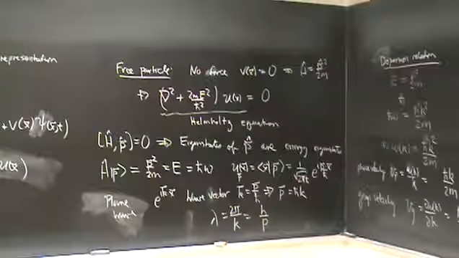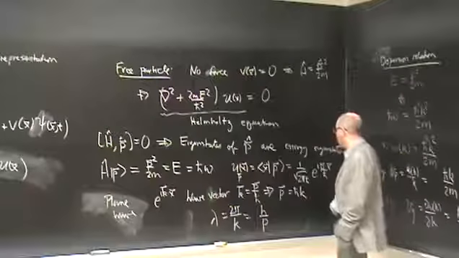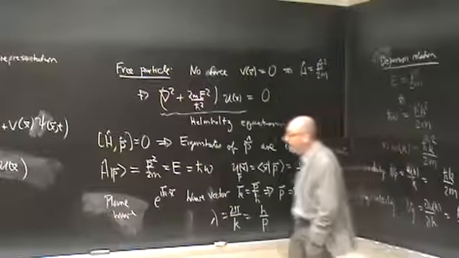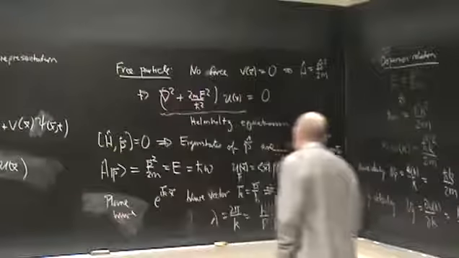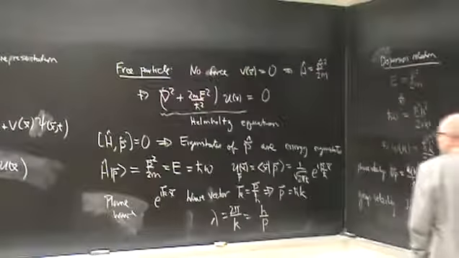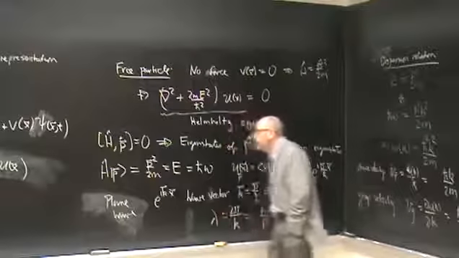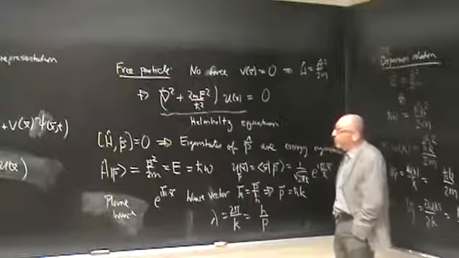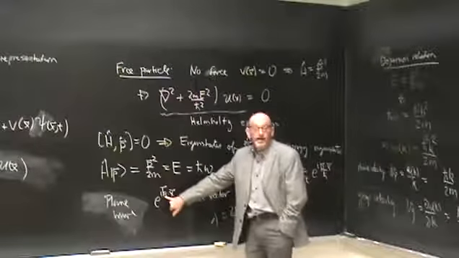So from this we see that if we have a free particle, we can talk about free particle eigenstates as plane waves with definite momentum. And those plane waves, we remember from our study of waves, have this form where this parameter is the wave vector.